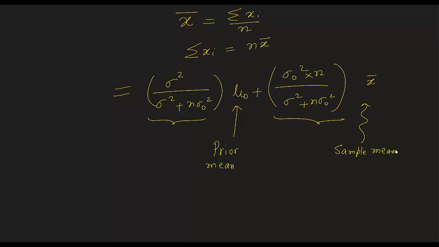And this side we have the mean of posterior, so that is mu dash. So this is my posterior mean. So basically posterior mean is some fraction times prior mean plus 1 minus f times sample mean.